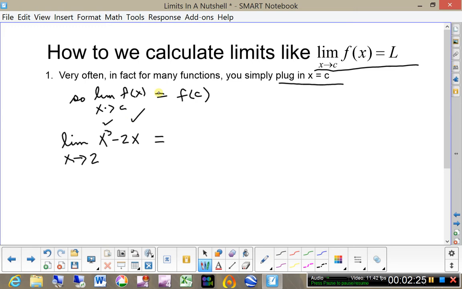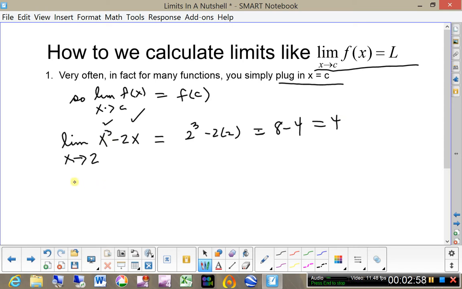But one of the things we know about limits is that if you add or subtract the limits of different functions, it's equal to adding or subtracting the individual limits. But anyway, here we're going to plug in 2. So we get 2 cubed minus 2 times 2 equals 8 minus 4 equals 4. So the limit is 4.